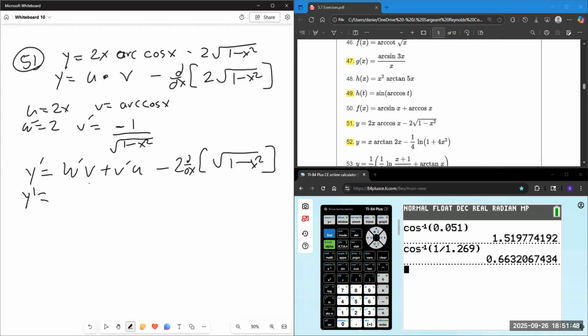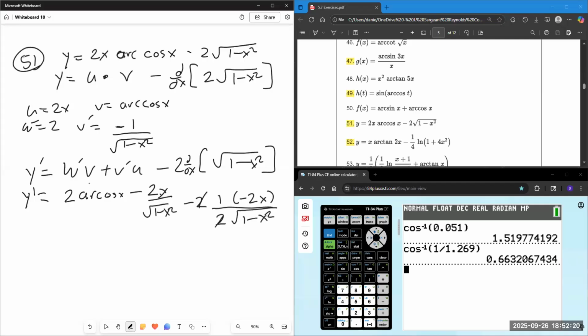So y prime is u prime v plus v prime u minus 2, and then the derivative of this is power rule. So 1/2 over root 1 minus x squared times a negative 2x.